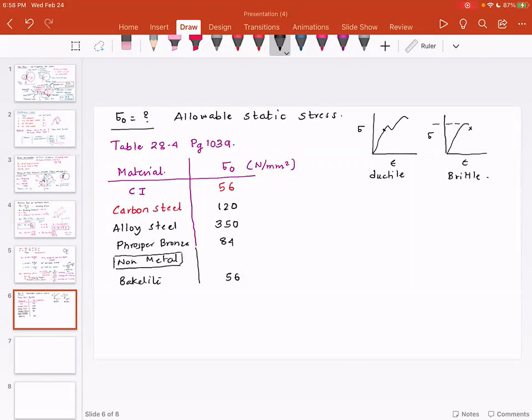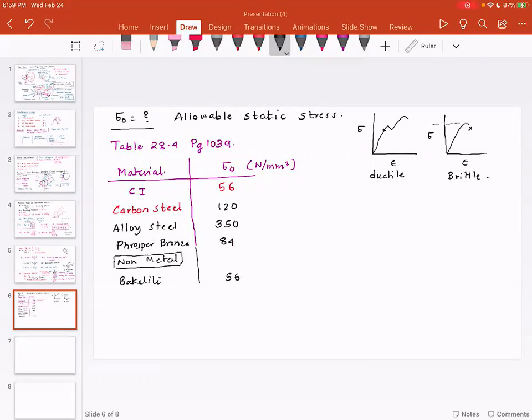Now, in certain cases, when the design load or design stresses are not known, it's okay to make a reasonable approximation and proceed with the gear design.